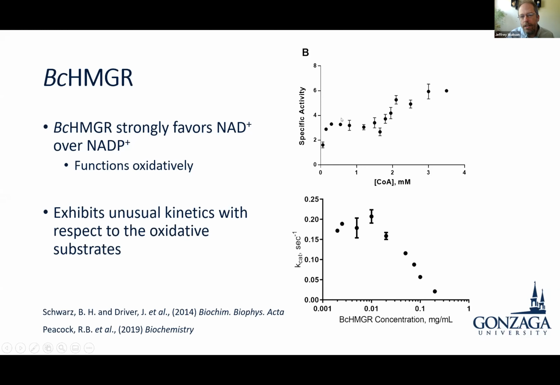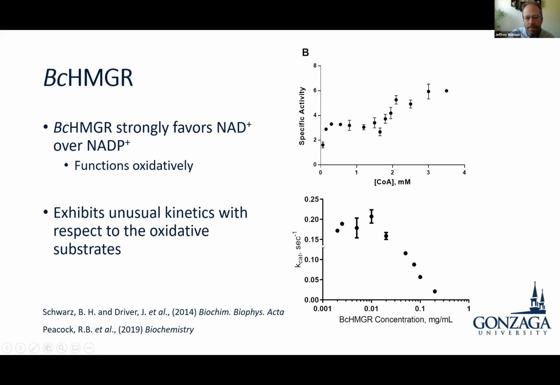So here's an example of something that Eileen mentioned in her opening about double hyperbolic kinetics. You see that a simple V versus S goes up and then goes up a second time, okay? And I'm only showing varying CoA here, but we also see this when we vary either of the other two oxidative substrates.